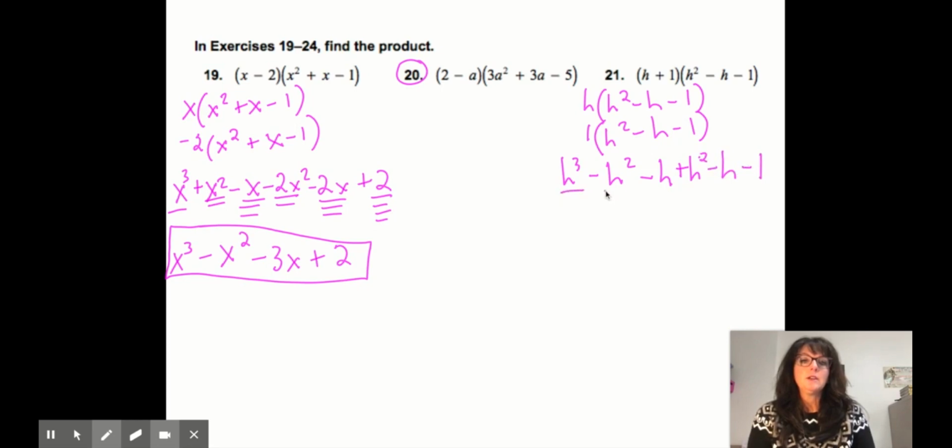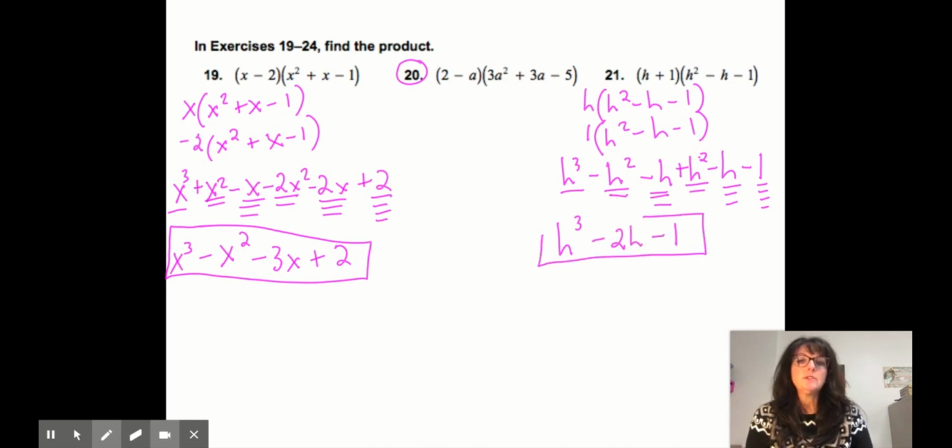Then we have h squared as our second term, exponent of 1 is our third term, and our fourth term. So simplified, h cubed, and we have to combine these two, and they cancel out. Negative 1 plus 1 is 0, and so negative 1 plus 1 is 2h minus 1. This one actually multiplies and simplifies to a trinomial.